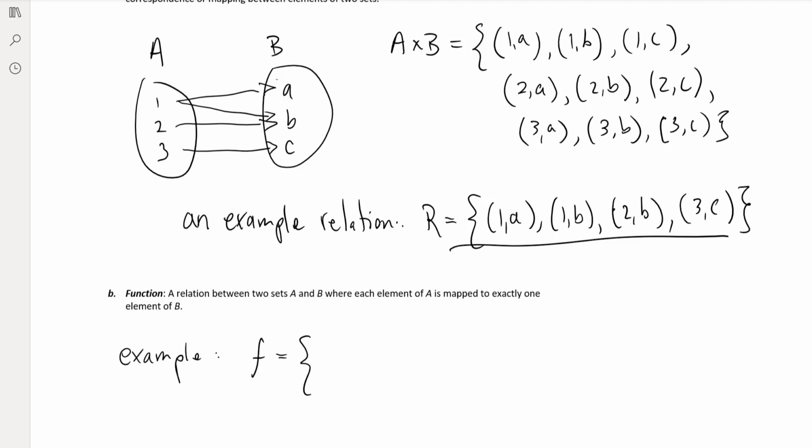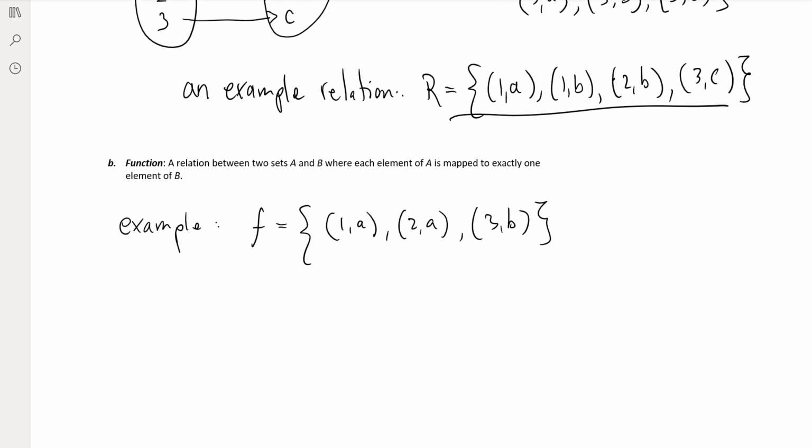As an example, I could create the function f, which is a subset of the Cartesian product of A and B as defined previously. Let's say 1 maps to a, but then I can't do 1 mapping to b. I could do, let's say, 2 maps to a, and 3 maps to b.